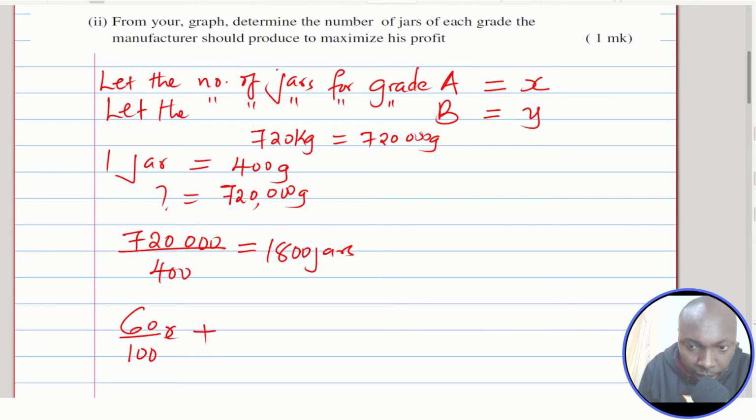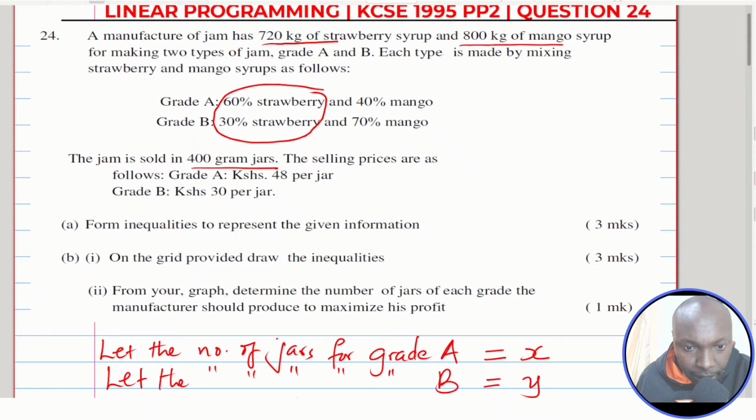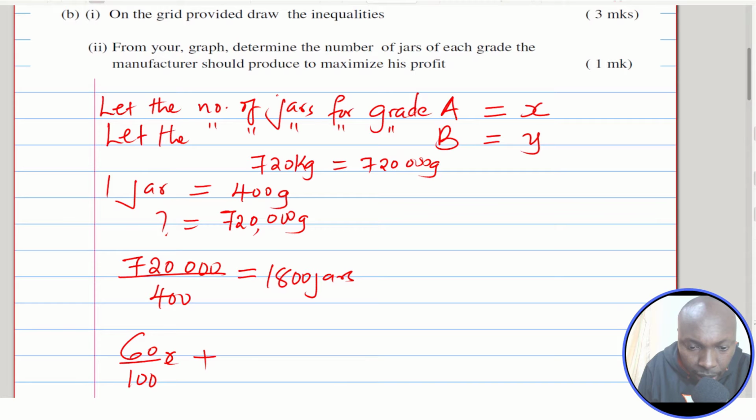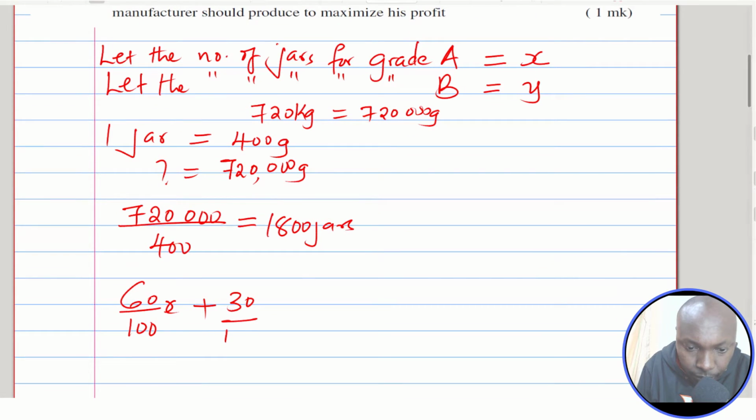Then plus the other percentage, 30% strawberry for grade B. That will be 30 divided by 100, multiplied by the number of jars for grade B, that is 30y over 100.